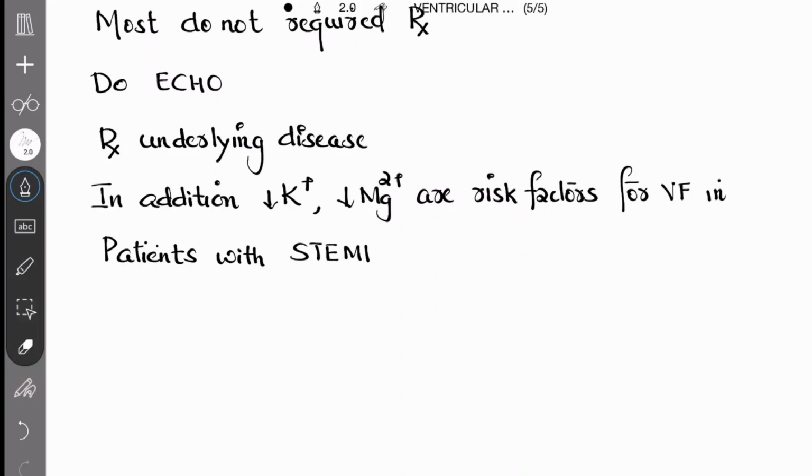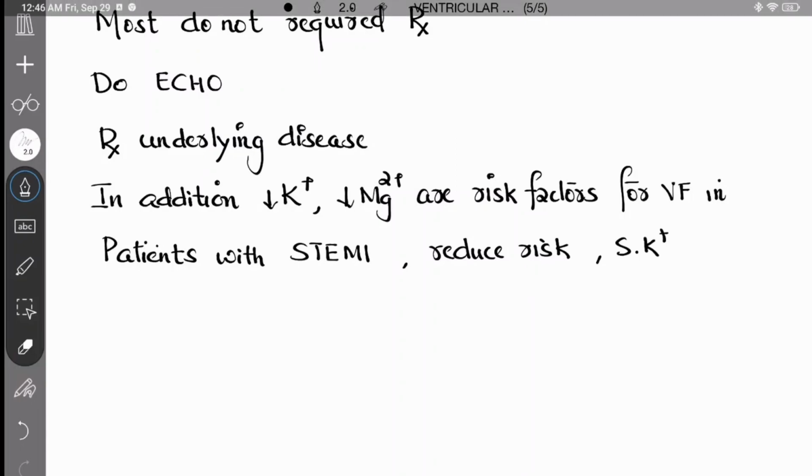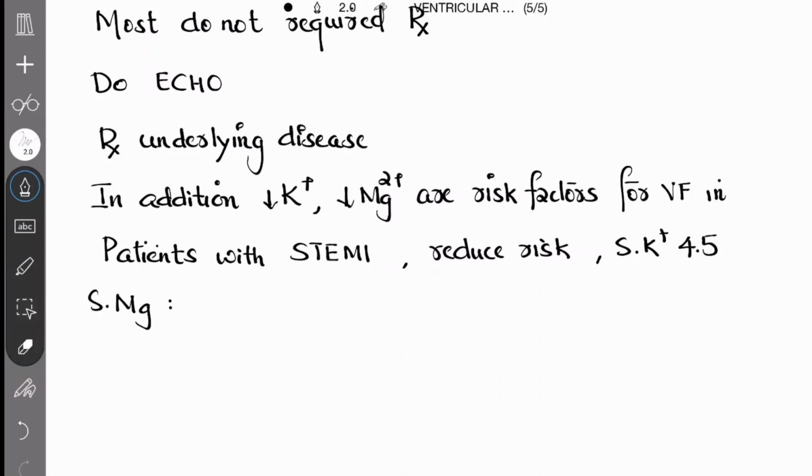So what do you do? You should correct these to reduce the risk. The serum potassium concentration should be adjusted to 4.5 milliequivalents, and serum magnesium to about 2.0 millimoles per liter. That is what Harrison is saying.